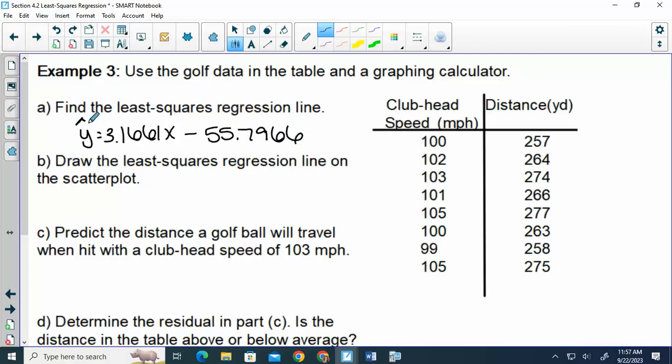And since this is our prediction line, we usually put a hat on it, y hat. Did everybody get that line? Okay, let's talk about drawing it.